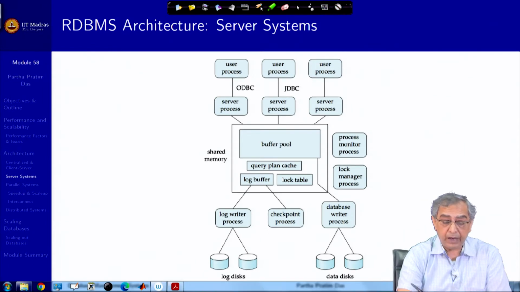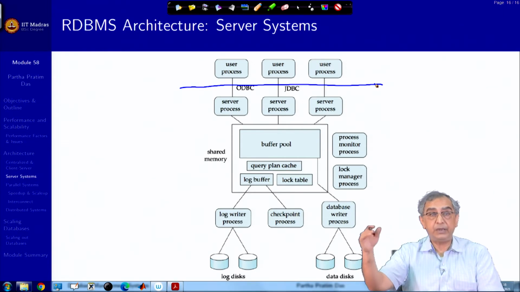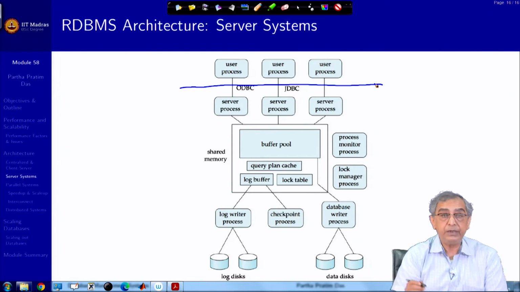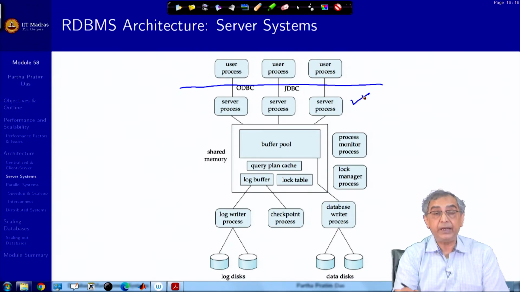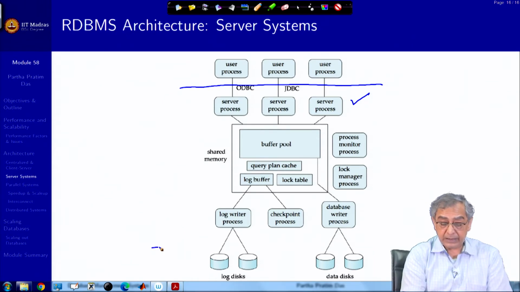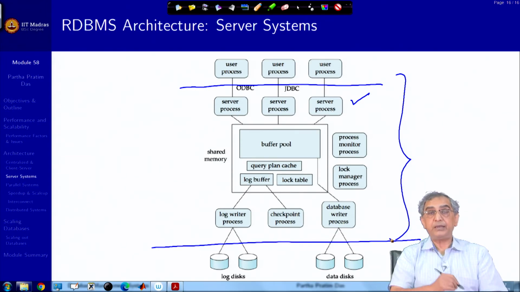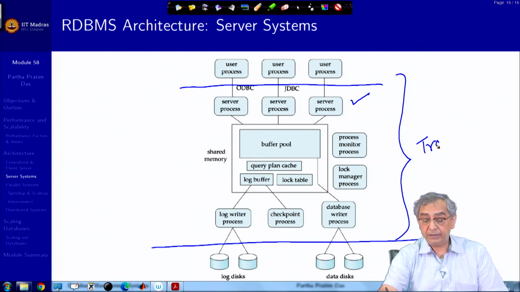So, what you have here is the interface layer. So, you have user processes on one side, the clients, and they are using ODBC, JDBC to trigger corresponding server processes. And then as you can see, this is basically your transaction servers.